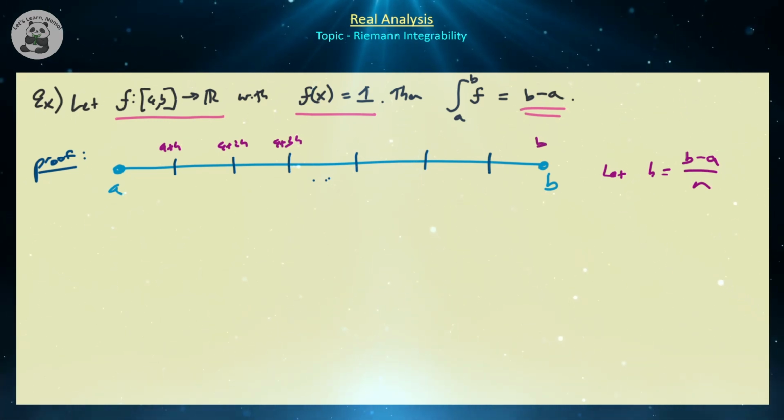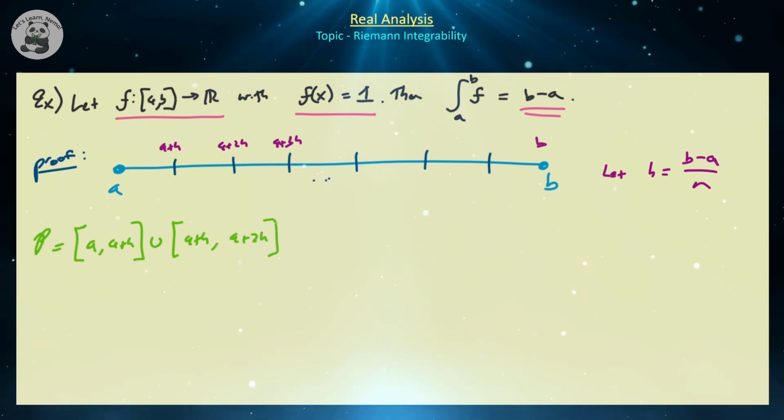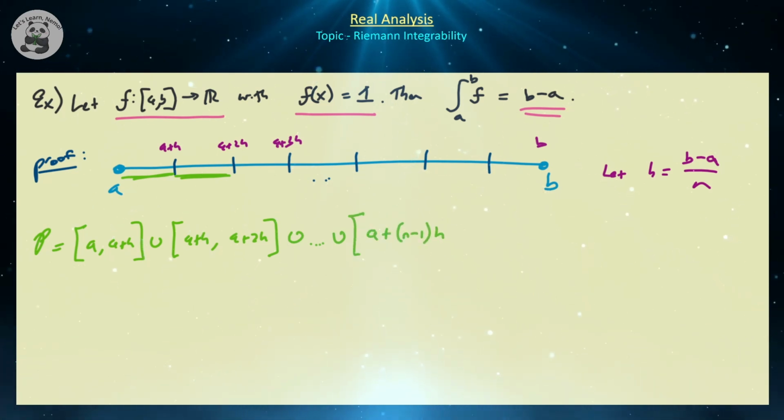So let's precisely state what my partition is. So P is going to be equal to a, a plus h for my first interval, and then I'm going to choose a plus h and then a plus 2h for my second interval. So we're right there and right there. And then we're going to continue all the way down to a plus (n minus 1)h up to a plus nh.